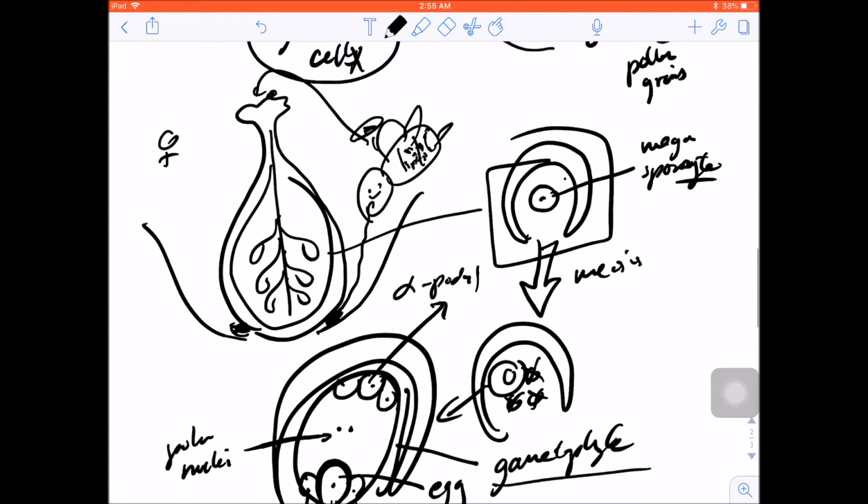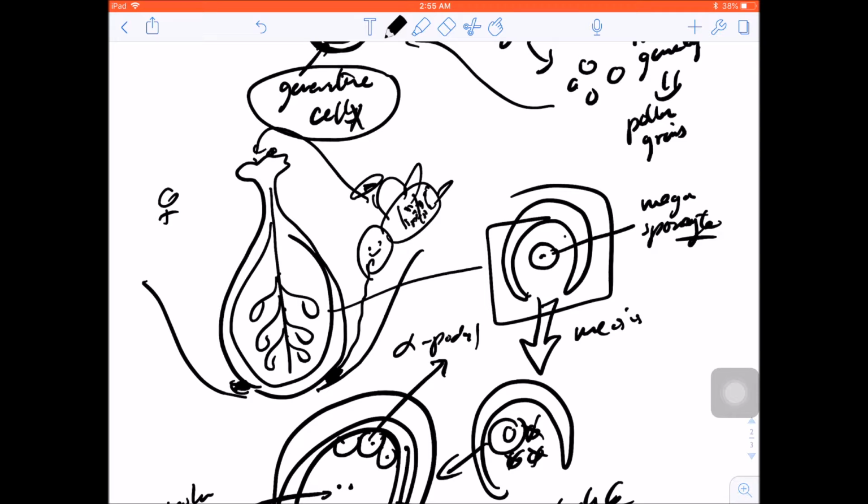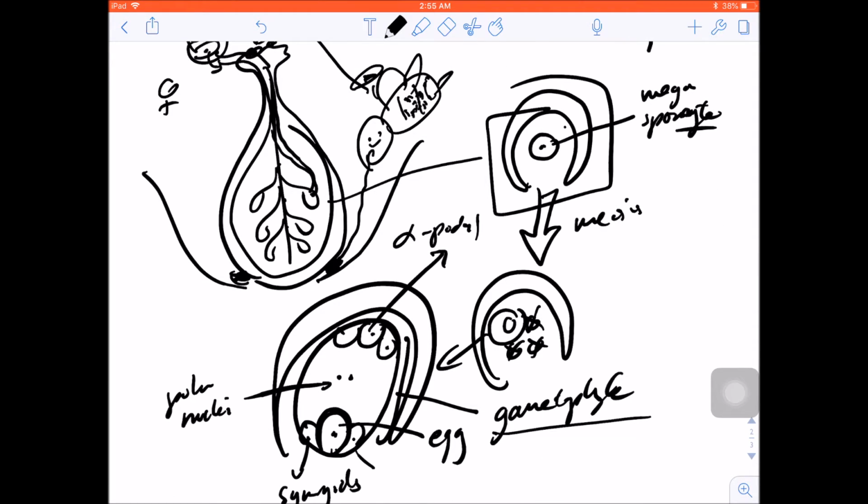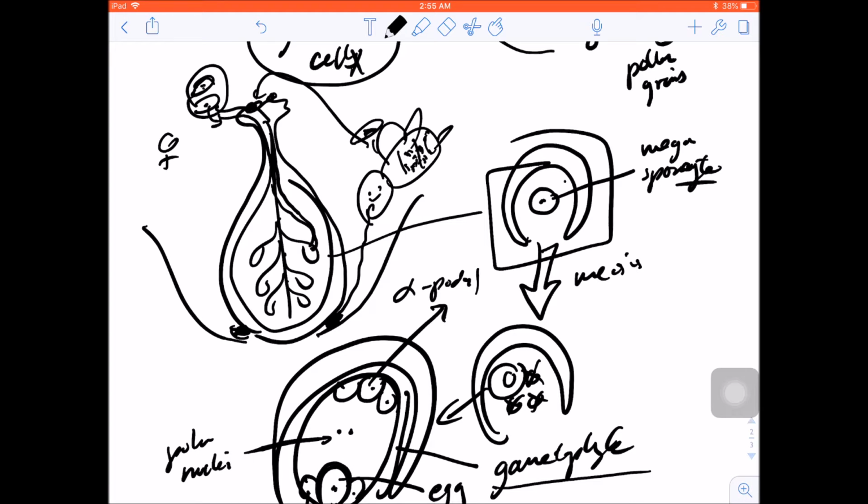Okay, so going back up here, the pollen has now hit the top of that style. So that pollen, remember, you have the generative cell and the pollen tube cell. The pollen tube cell undergoes mitosis, divides a bunch of times, and makes a pollen tube that burrows into the ovule to get to the egg, which it will fertilize by shooting two sperm that are made from the generative cell into this tube that just got made.